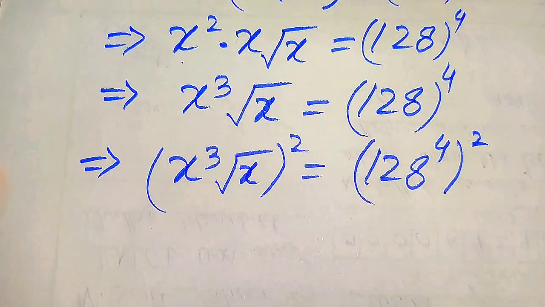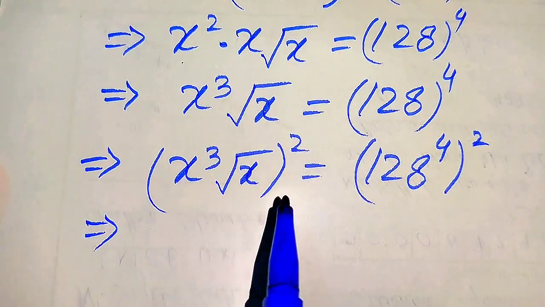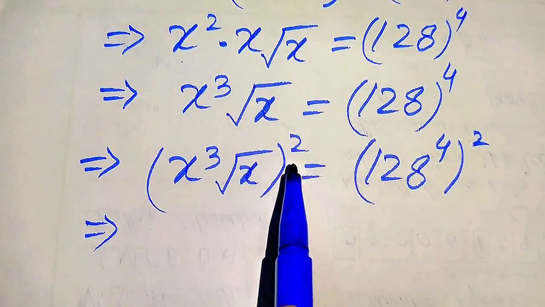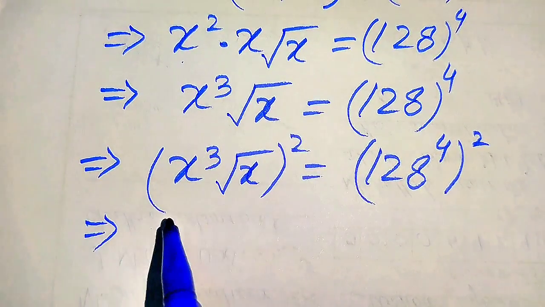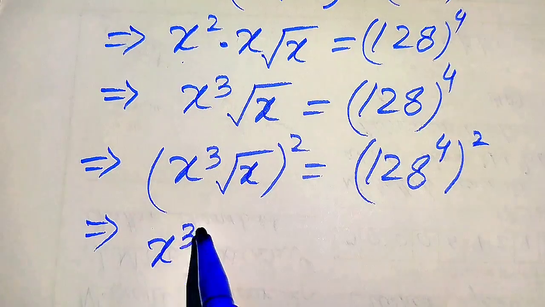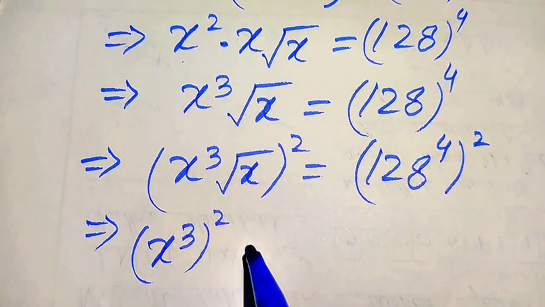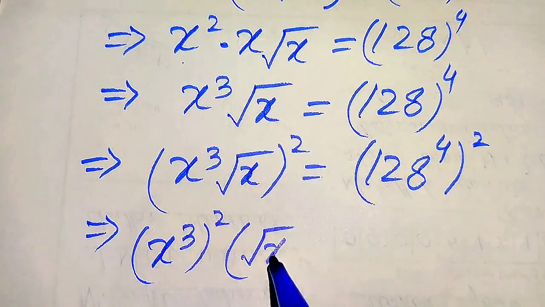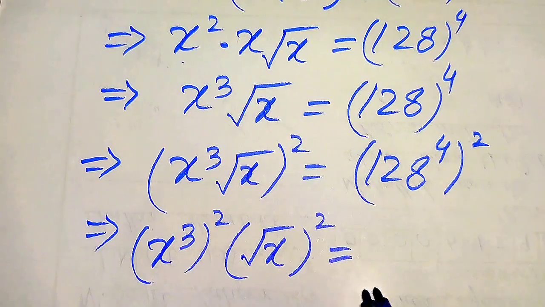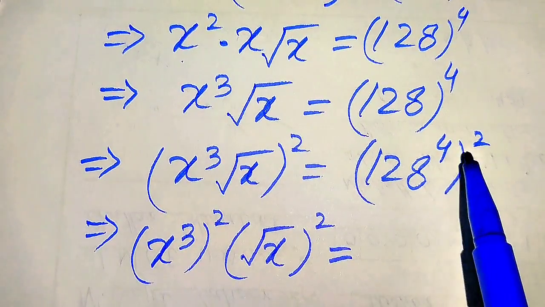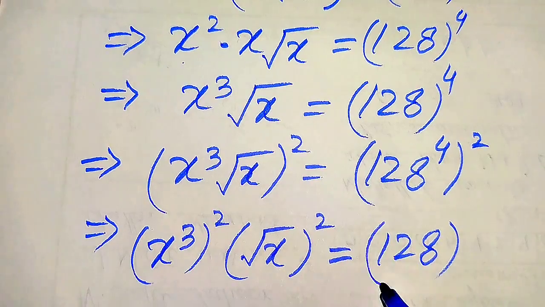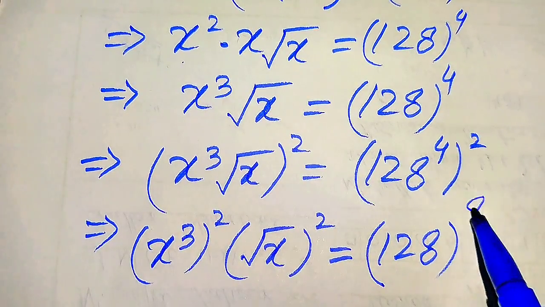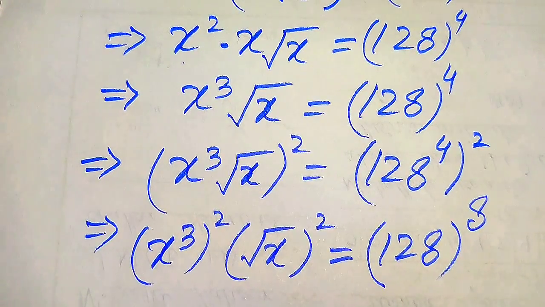So here we again apply this rule, and we can apply this square separately on both of these values, and it will be written as x cubed and its whole square into square root of x and its whole square is equal to, here we need to multiply these two exponents, and it will be written as 128 and its whole exponent is 4 times 2 becomes 8.